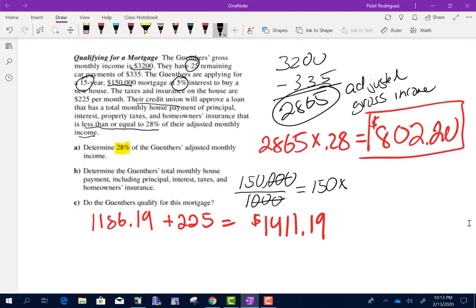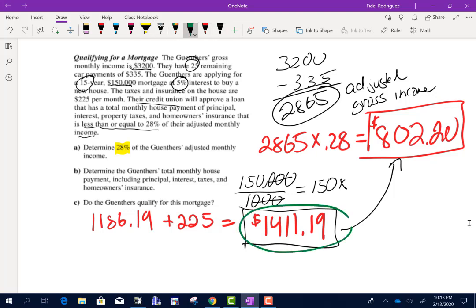So they're saying that as long as this number here is less than or equal to this number here, they're going to qualify. But this number is not smaller than that one. So do they qualify? No. They don't qualify. The only way they could qualify, guys, is if this number here were to be smaller than $802.20, okay?